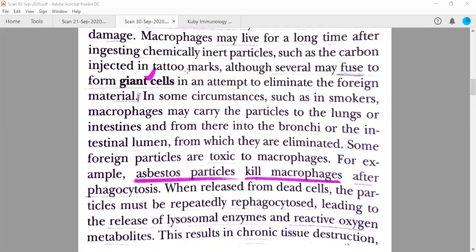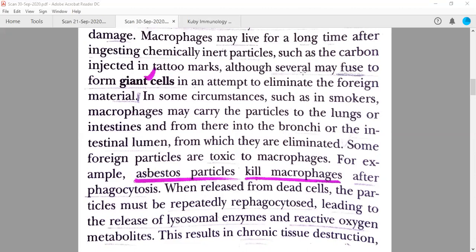Generally ink is used in tattoos, and these ink particles or carbon atoms are taken up by the macrophages, and because they are chemically inert, it takes time to degrade them. Ultimately, the lifespan of macrophages will increase. They may live for a long time, right?